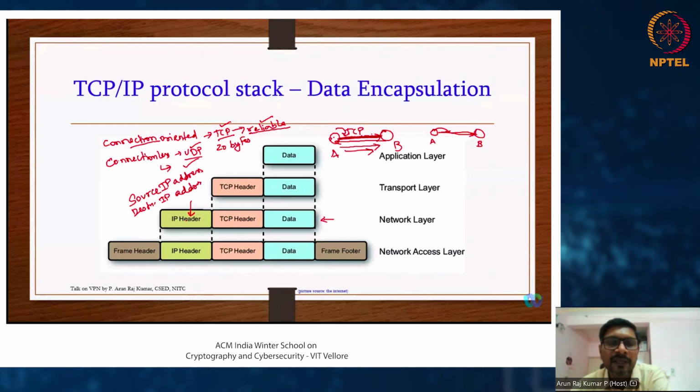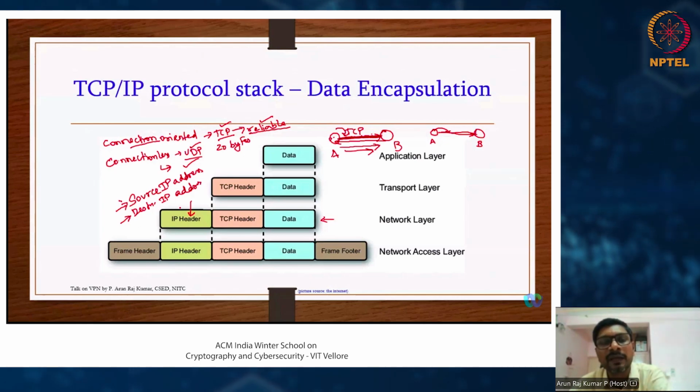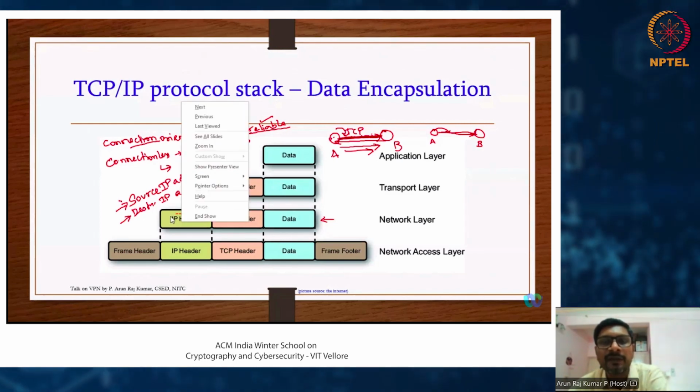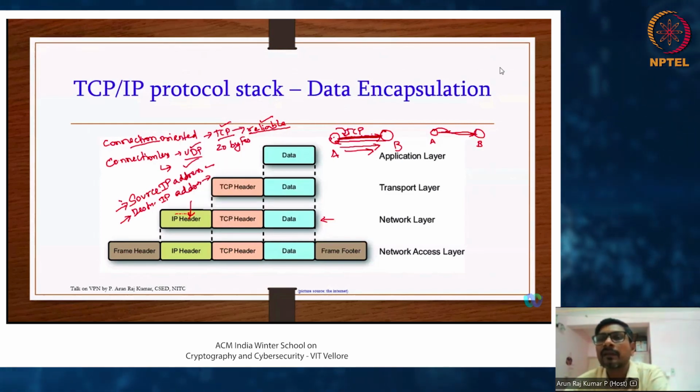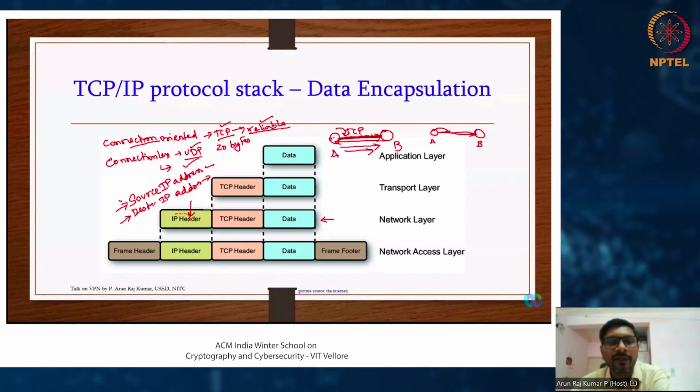If I look into it, I can easily tell that the packet has originated from this particular point and it is going to this particular point. Where it is coming from and where it is going will be visible in these two fields in the IP header. So that is the role of the IP header.